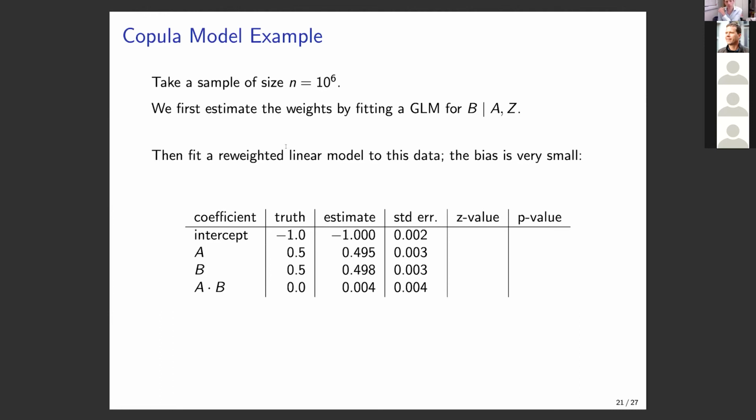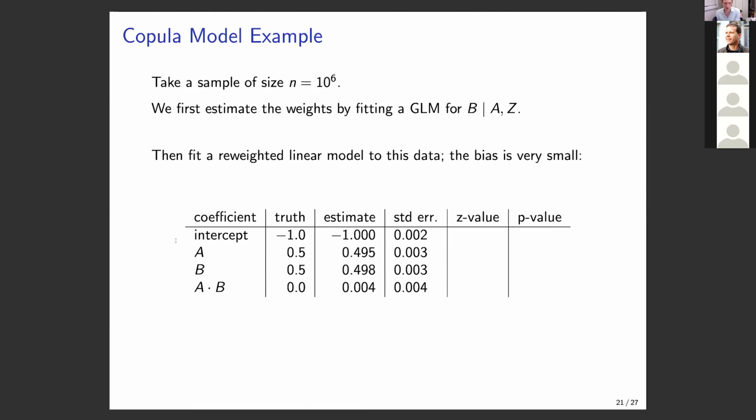So first I need to get the weights by fitting a generalized linear model, a logistic regression for B given A and Z. And then we use 1 over the probability of observing the value of B that you actually get as our inverse weight. And what we find is that the bias in the linear model is very small.